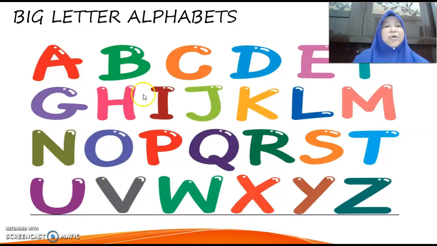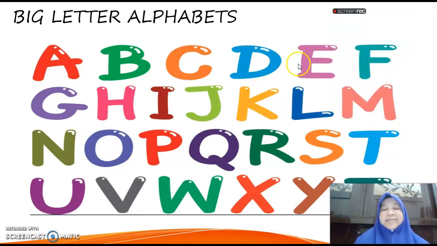So we start with A, B, C, D, E, F, G, H, I, K, L, M. This one is N, O, P, R, S, T, U, V, W, X, Y, and Z. So these are big letter alphabets.